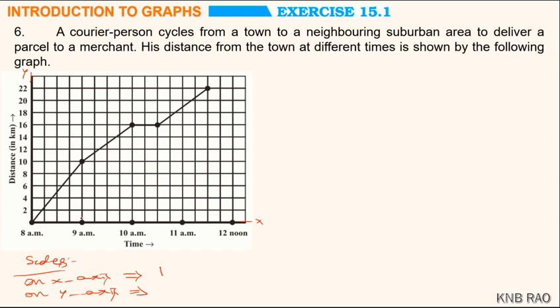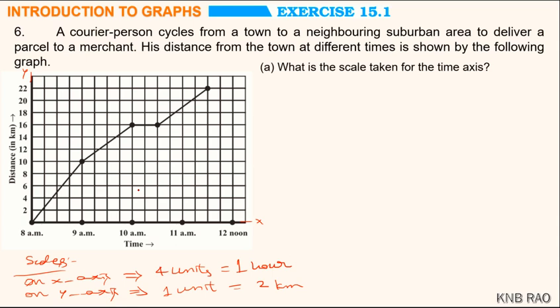Here on x-axis 4 units equals to 1 hour. That means 1 unit is 15 minutes. On y-axis 1 unit equals to 2 kilometer. Now it is easy for us to identify anything on this graph and it is easy to read now.